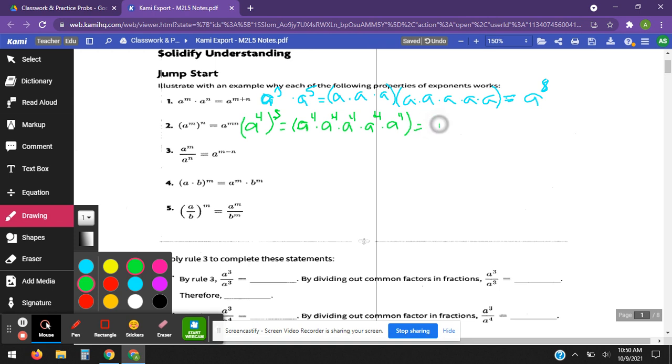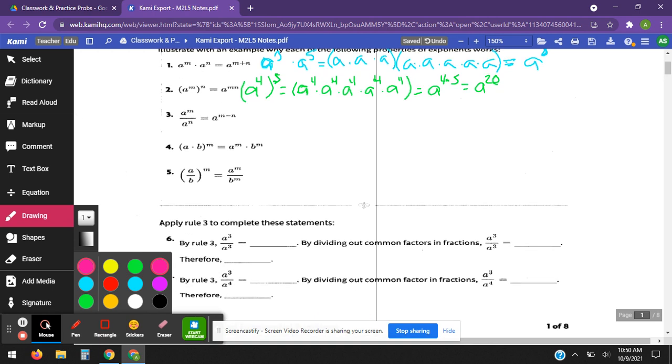Well, that really looks like it's 4 taken 5 times, which is a multiply. So that's a to the 20. Next one.